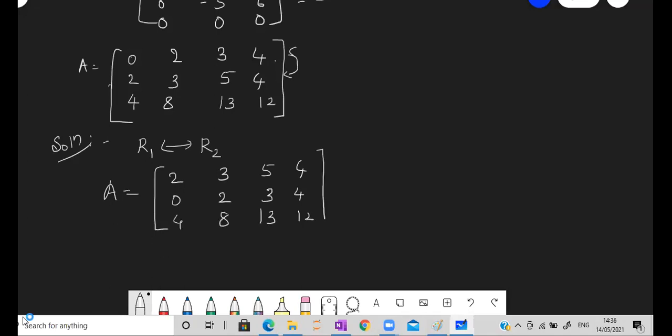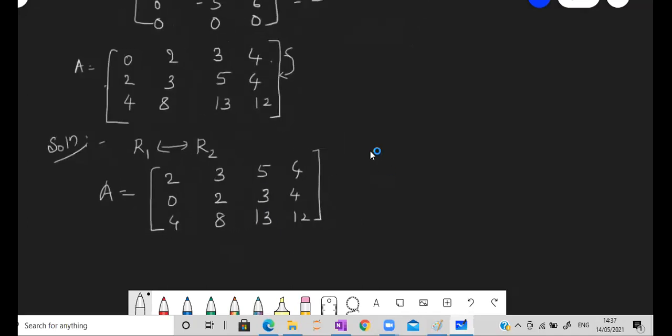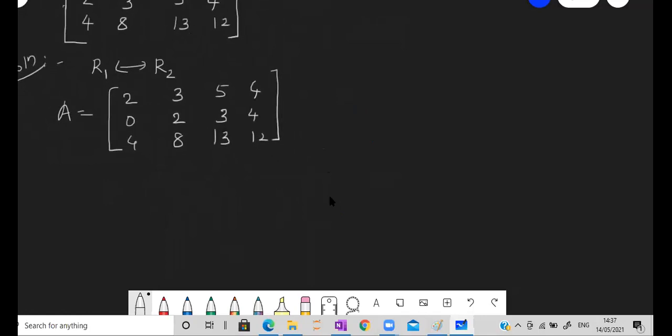Got it? Now, tell me what is the operation to be applied here? With the help of this 2, the element below should be 0. This is already 0, not to worry. So this 4 should be reduced to 0.